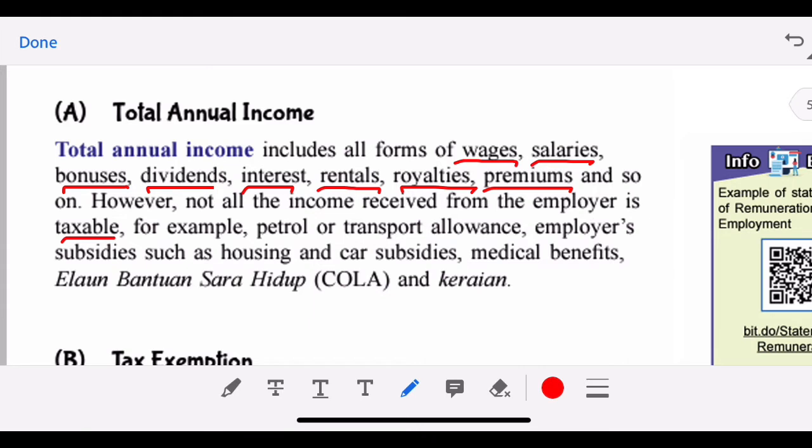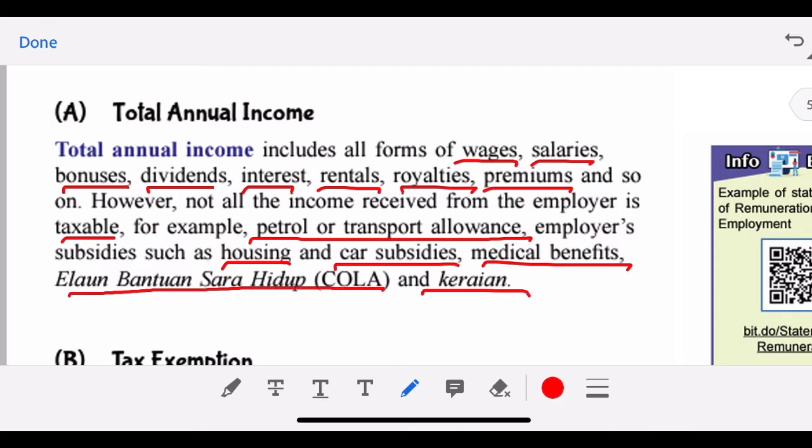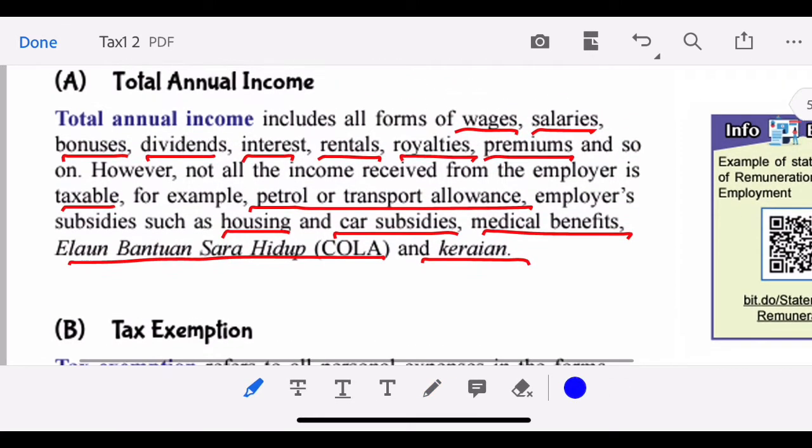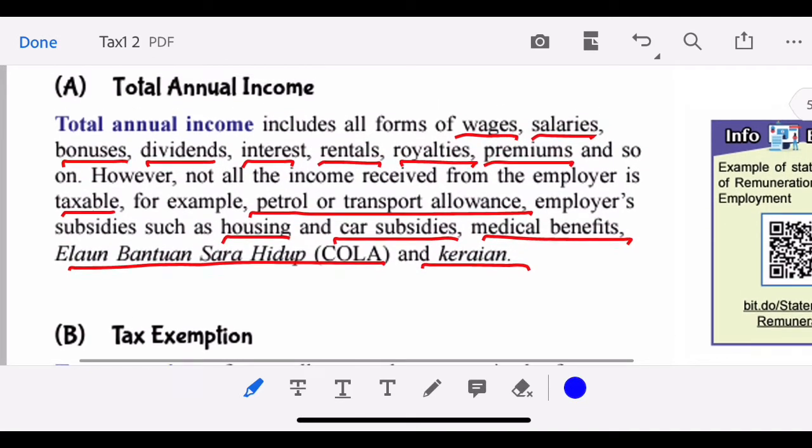For example, petrol or transport allowance, employer subsidies such as housing, car subsidies, medical benefits, bantuan sara hidup, and so on. All these are total annual income.